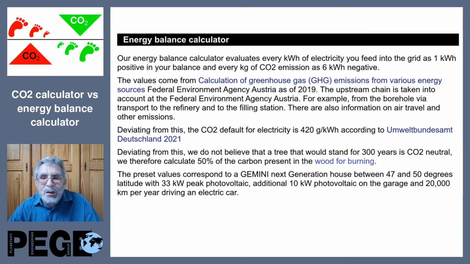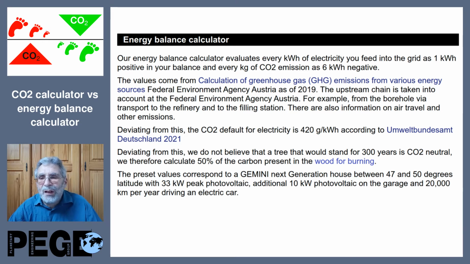We made this energy balance calculator with this. We used actual numbers. Here you see also the links to the actual numbers of greenhouse emissions, for example at diesel or other fuel. There is also a pre-chain. This has to be extracted, transported, refined, and so on.